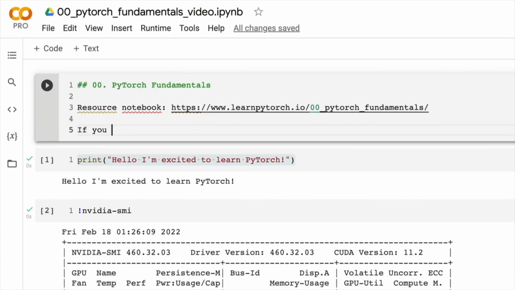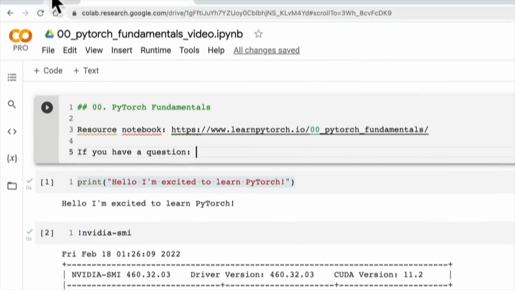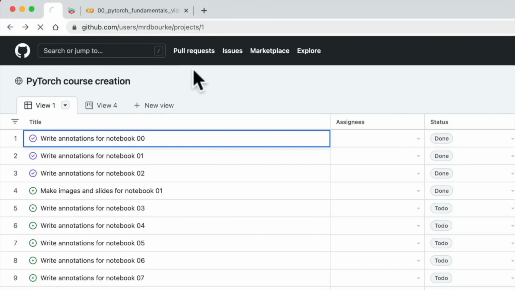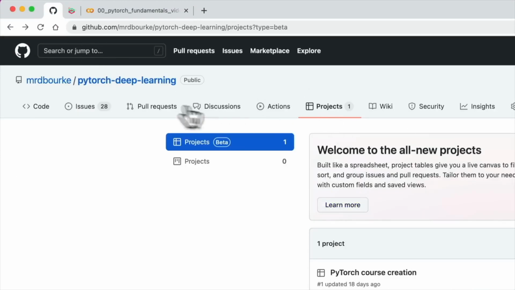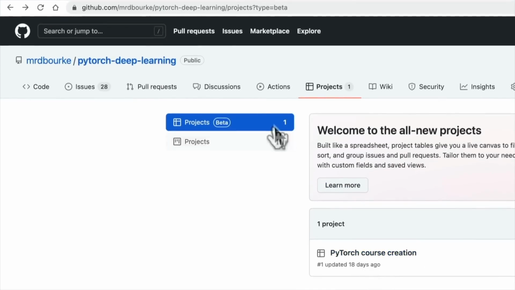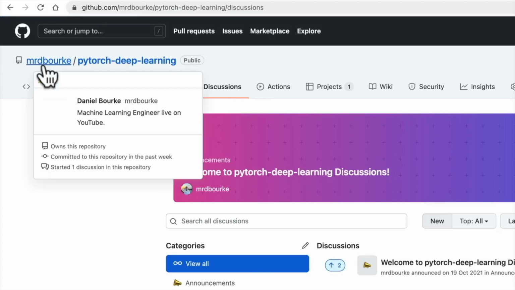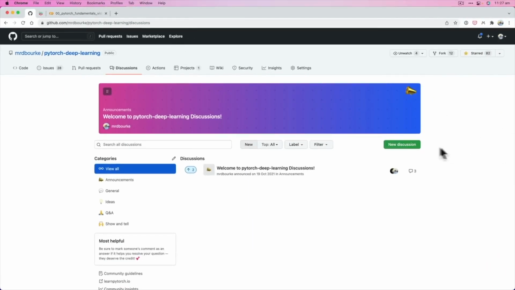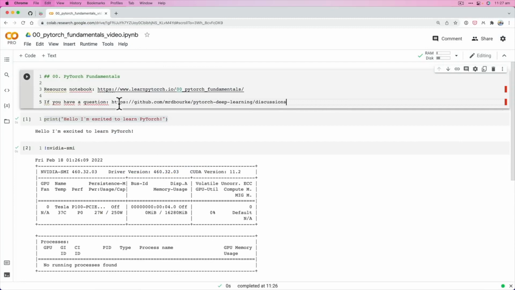And then if you have a question about what's going on in this notebook, you can come to the course GitHub, and then we go back. This is where you can see what's going on. This is PyTorch Deep Learning projects, as you can see what's happening. At the moment, I've got PyTorch course creation because I'm in the middle of creating it. But if you have a question, you can come to mrdbourke/pytorch-deep-learning/discussions, which is this tab here, and then ask a question by clicking new discussion. So any discussions related to this notebook, you can ask it there.